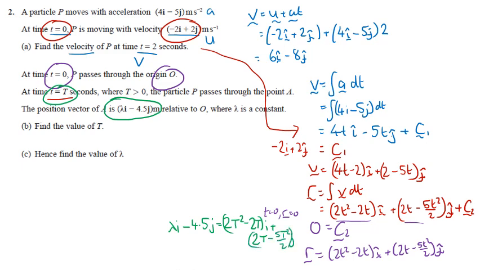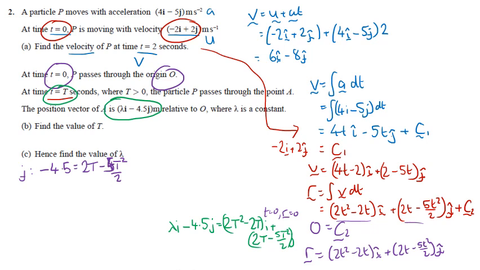Okay, so I've just substituted that into the position vector equation. So I get two equations now. If I look at the two components, the i component and the j component, for the j component, I've got on the left hand side minus 4.5, and on the right hand side I've got 2T minus 5T squared over 2.